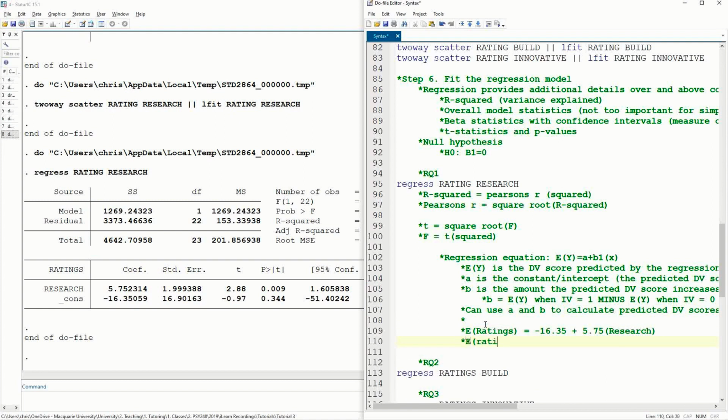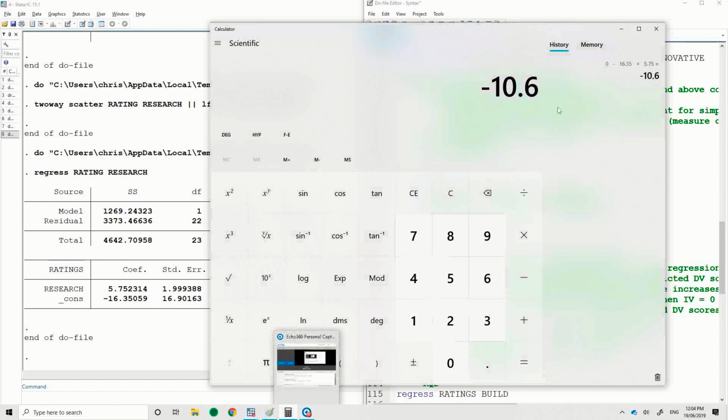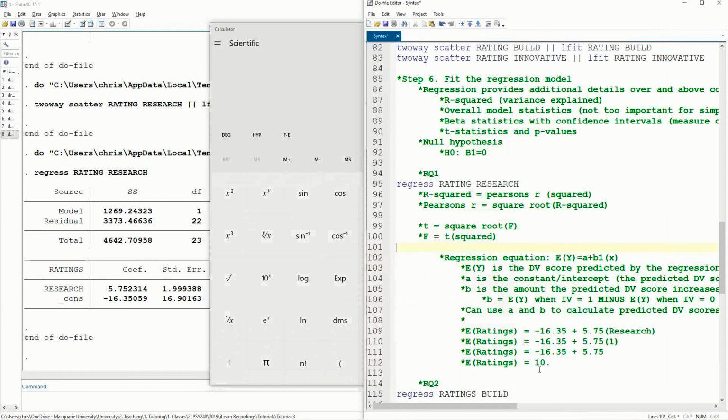The example we used earlier is if I wanted to predict the expected ratings of a project that had 1 hour of research, I'll go 5.75 times 1. Doing the maths, this becomes negative 16.35 plus 5.75 times 1, which gives 5.75. And therefore the expected ratings is the negative 10.6 that we had before.